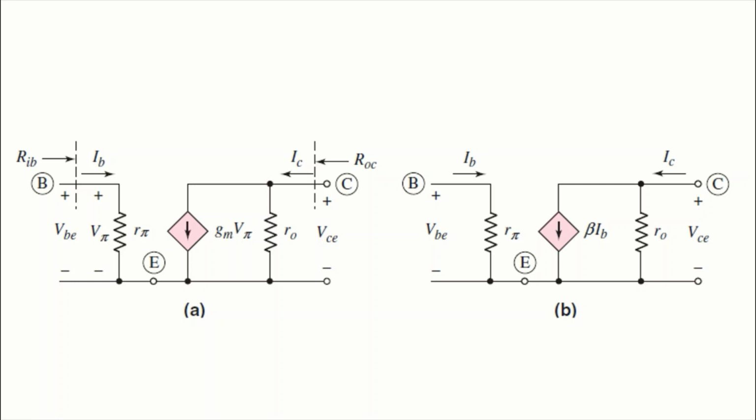So whether you use the hybrid-pi model or you want to utilize the beta factor, you can use both in your analysis, but you always need to consider that this RO, or output resistance, is contributed from the early effect that we mentioned earlier.